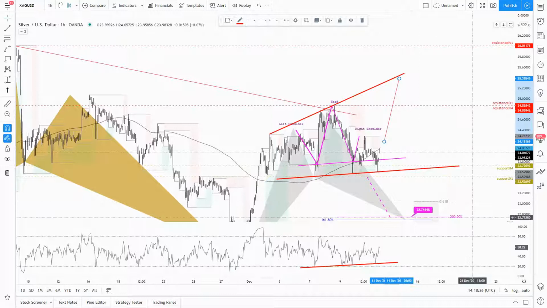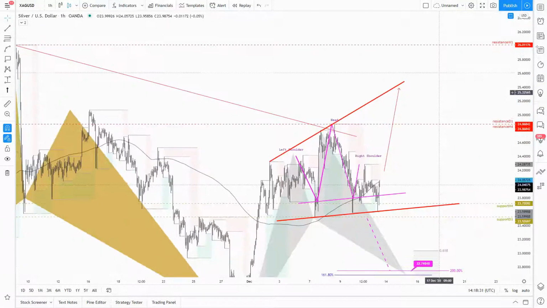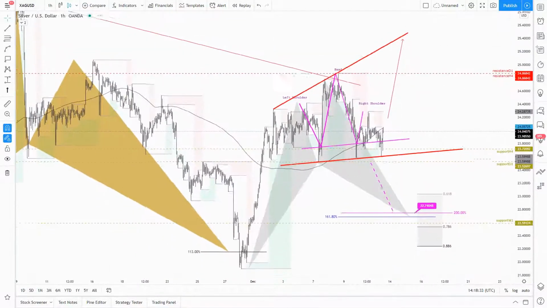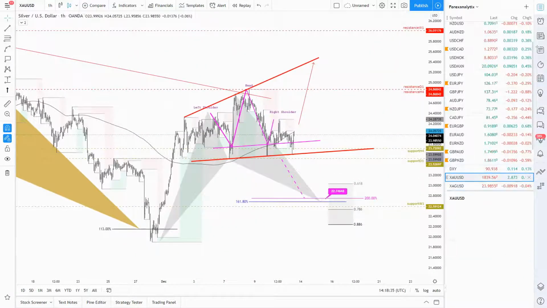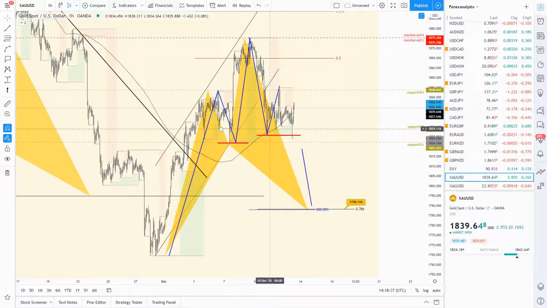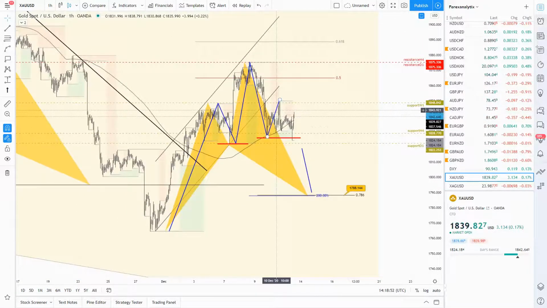Okay, so of course for silver it's not the best example, but at least for gold we have that bullish hidden divergence, creating a signal for more upside momentum for now, not for the medium term or long term. Obviously this is a very low time frame chart, a 1 hour time frame chart, so we can expect that reaction.